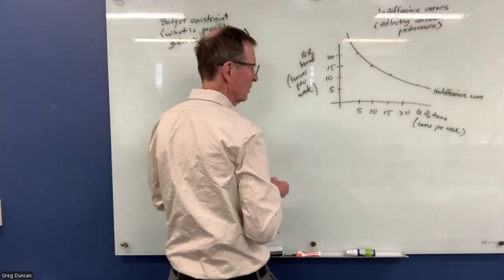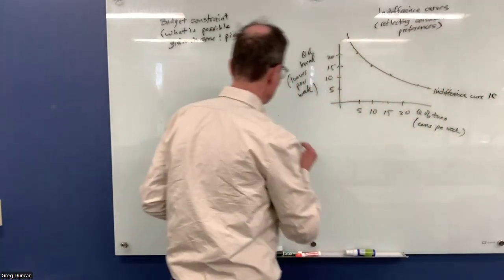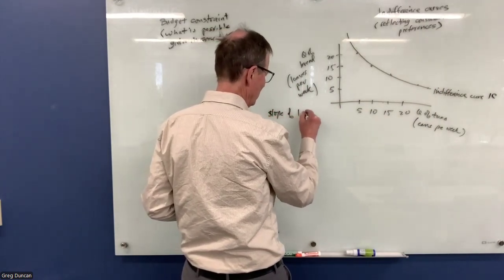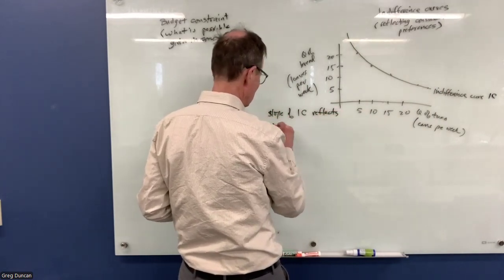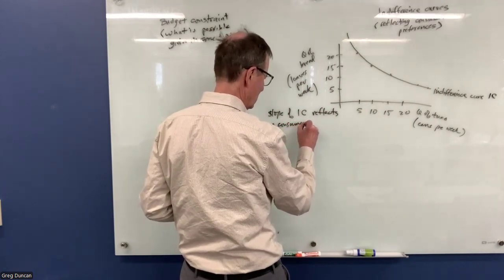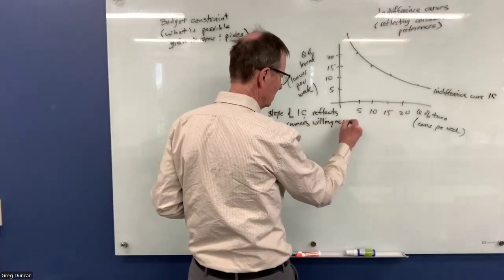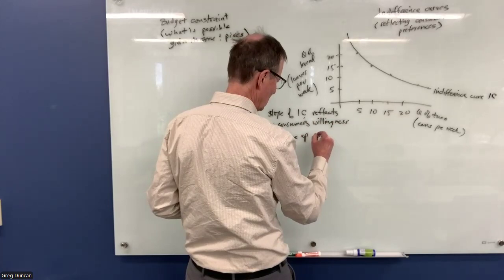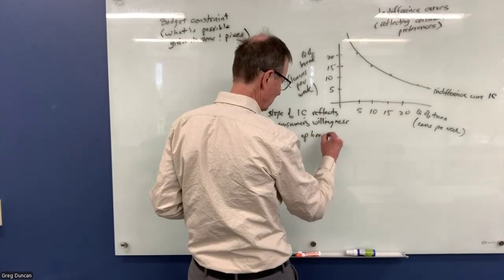So slope, let's call it an IC. Slope of the IC, the indifference curve, reflects a consumer's willingness to give up bread for tuna in this case.